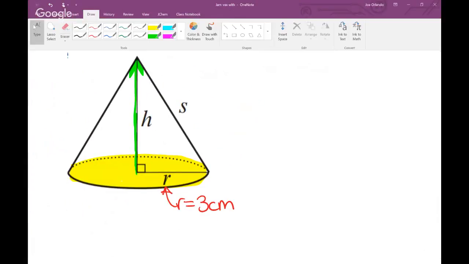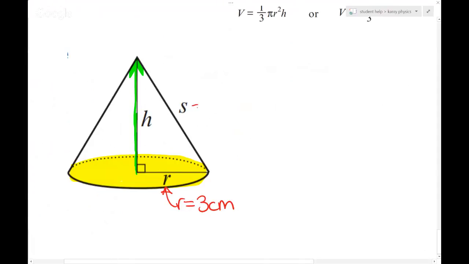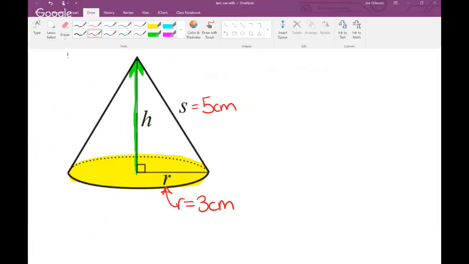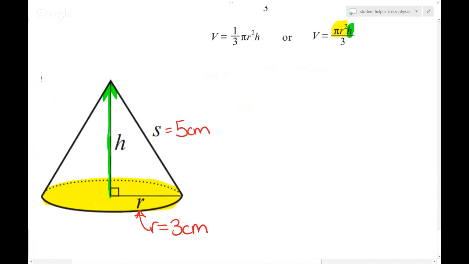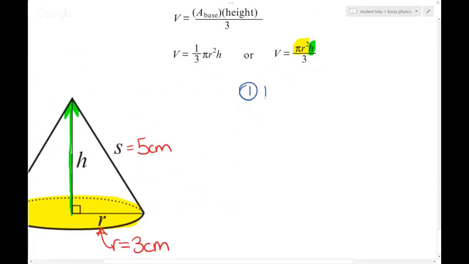What they've given us is the slant height. In this case, let's say they gave it to us as 5 centimeters. So the first thing we have to do in a question like this is find the height.